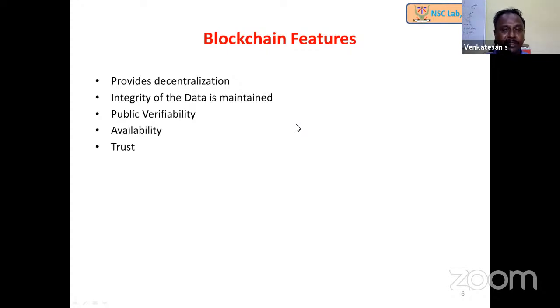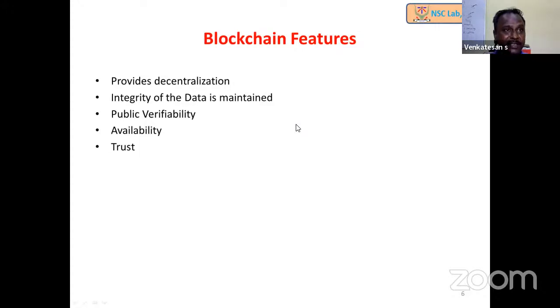Blockchain ensures the integrity of the data, since it is getting distributed as well as the blocks are getting connected cryptographically. And next, it is publicly verifiable, that is, anybody can verify. However, it is based on the implementation, whether that particular implementation allows the public to verify or not.